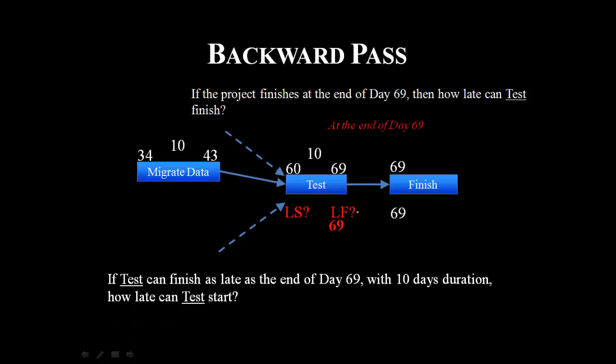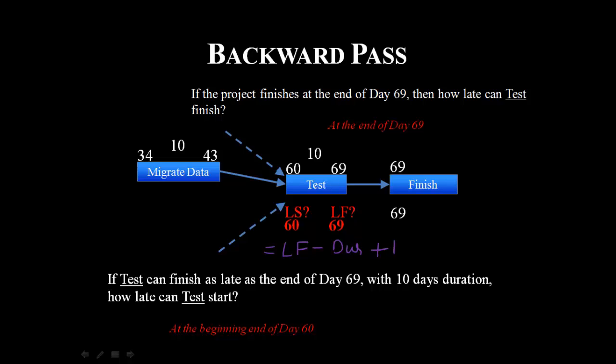Similarly, what would be the late start? If test can finish as late as the end of day 69 with 10 days of duration, how late can a test start? It would be 60. So how did we calculate it? It's LF minus the duration of that activity plus 1.